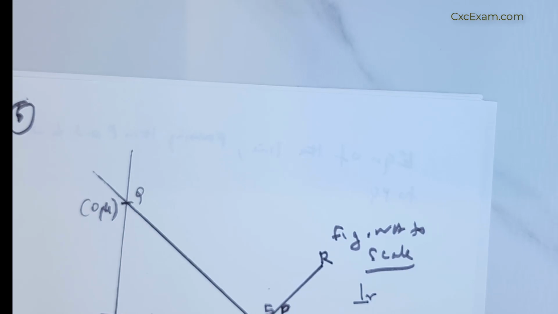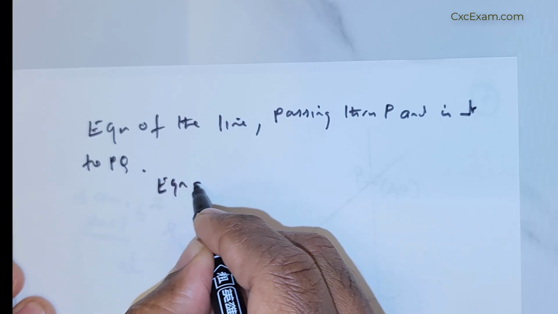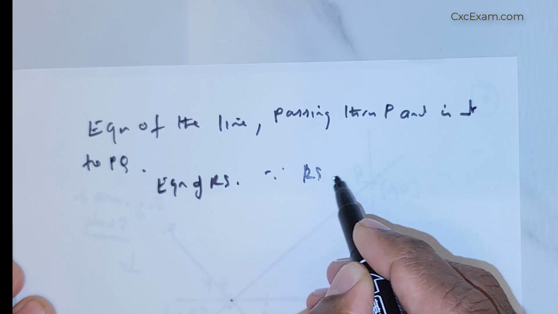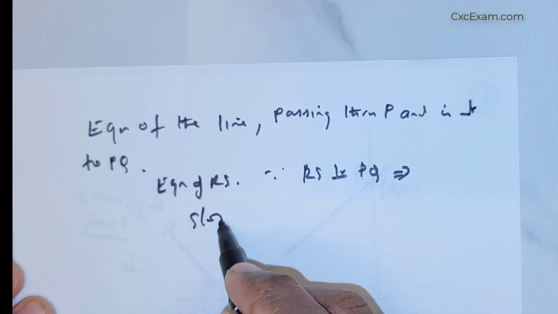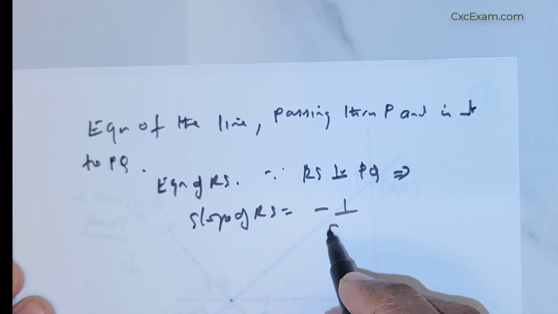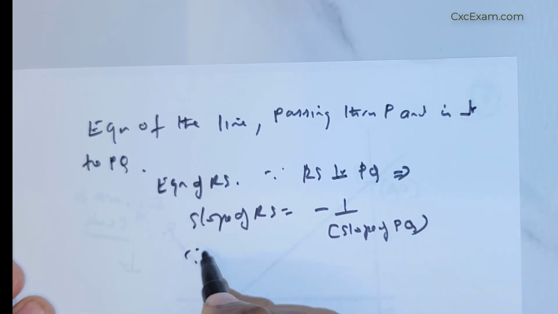So we are asked to find the equation of RS. Now since RS is perpendicular to PQ, this means the slope of RS will be equal to negative 1 over the slope of PQ.